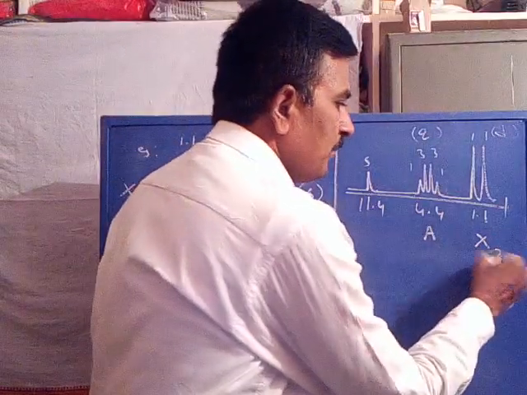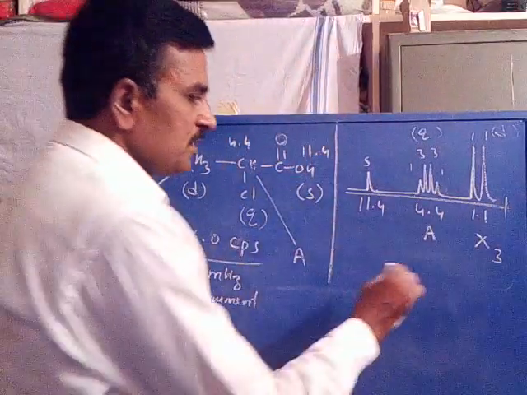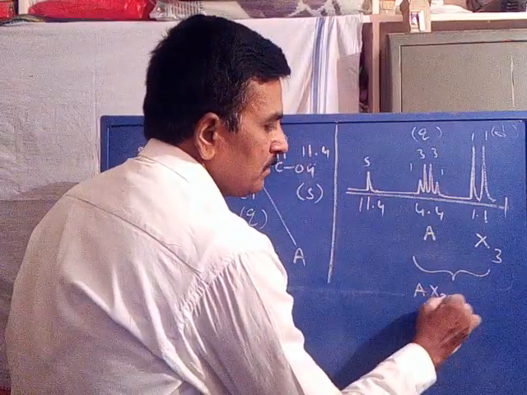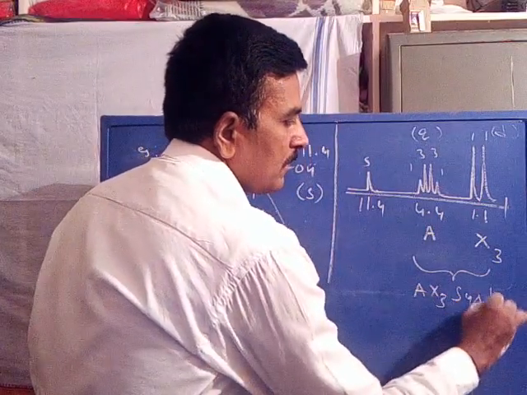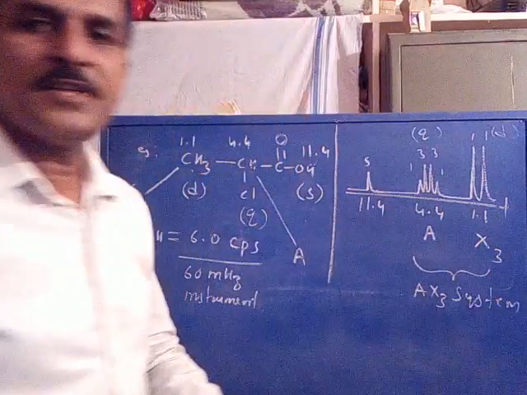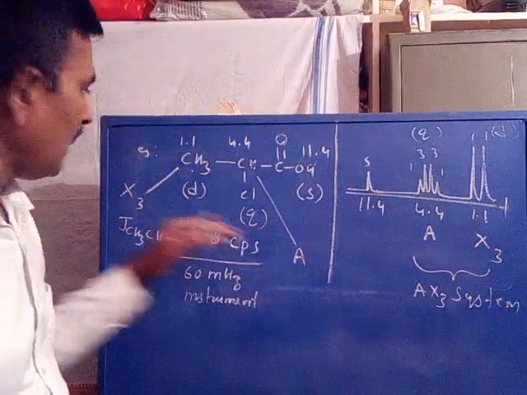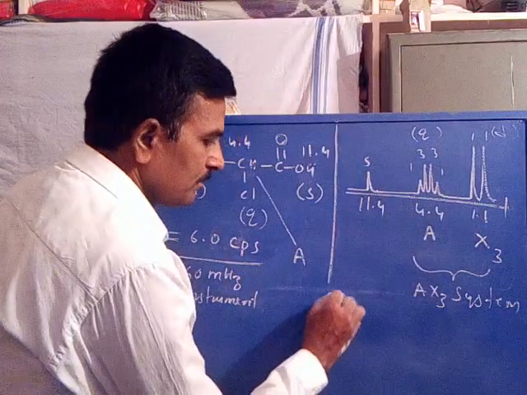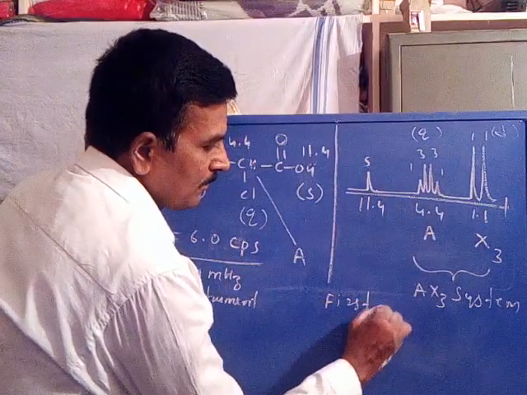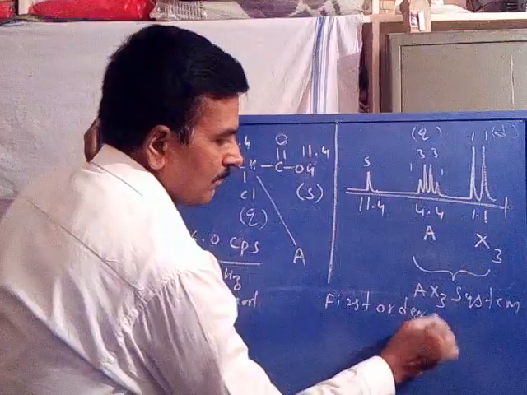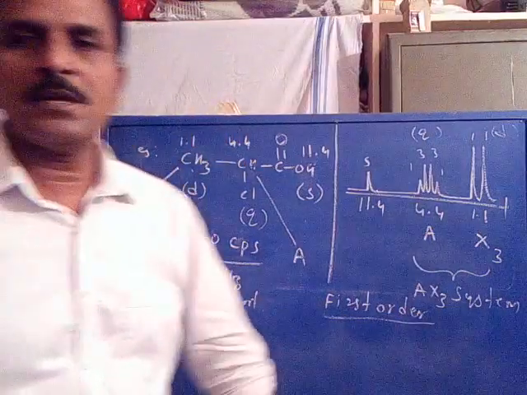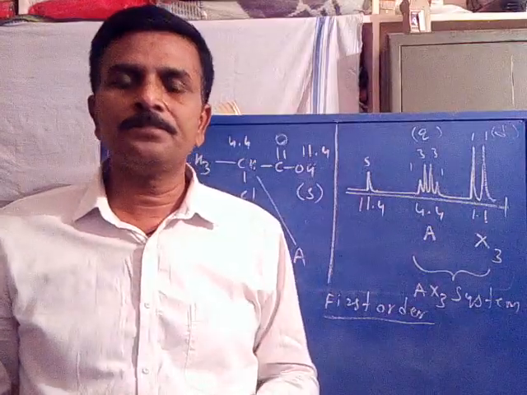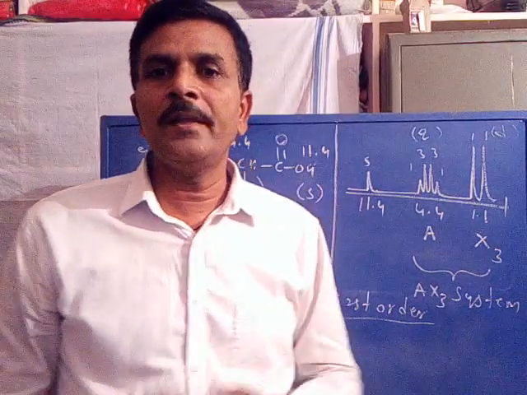X has 3 protons. The whole system becomes an AX3 system of first order. Is it clear? So this is about the first order NMR spectrum.